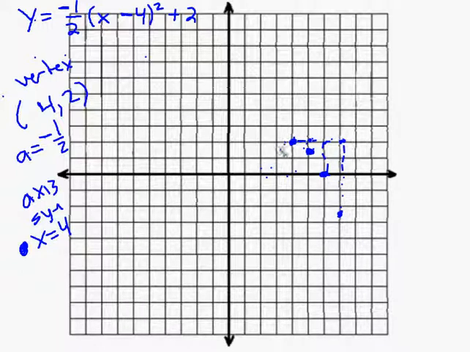And if I go left, it's just going to reflect, so I'll just copy those points carefully. Now I connect nice and smooth. And this one went down. So notice with the negative in front, it went down.